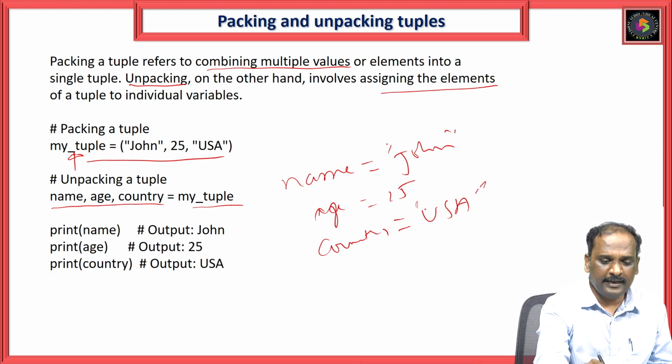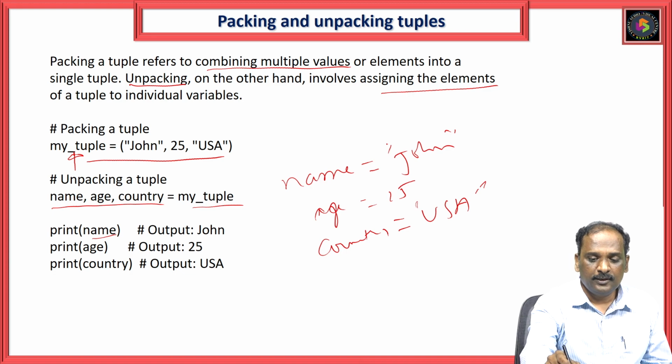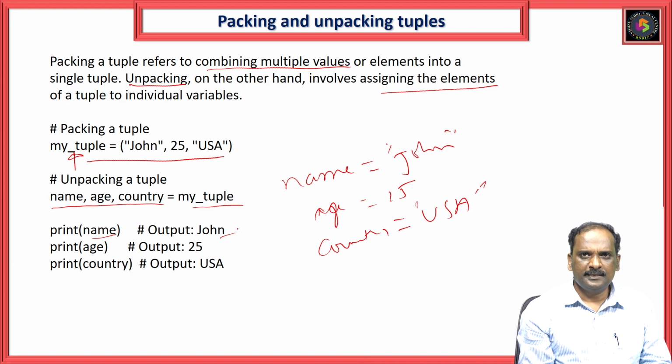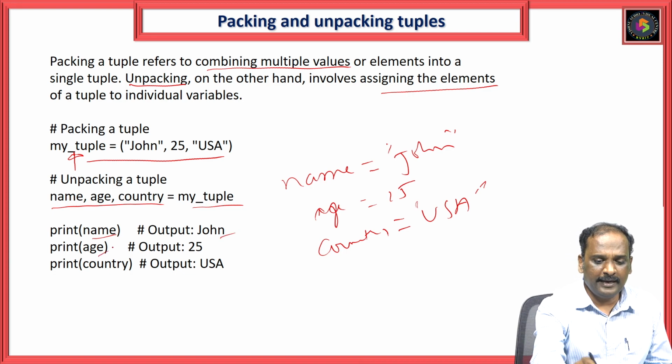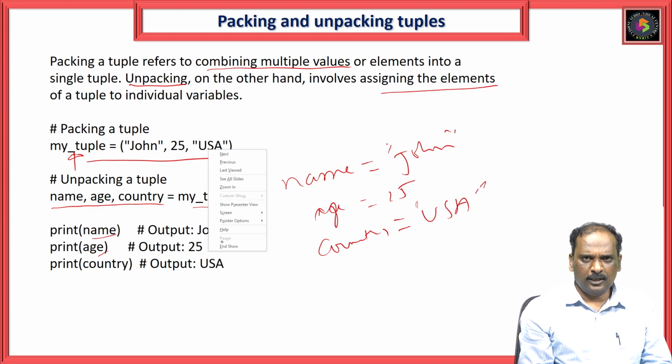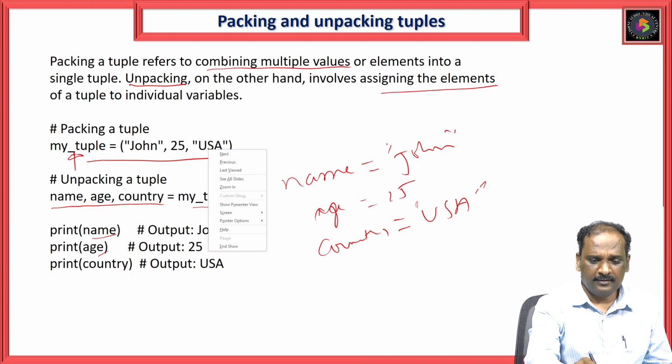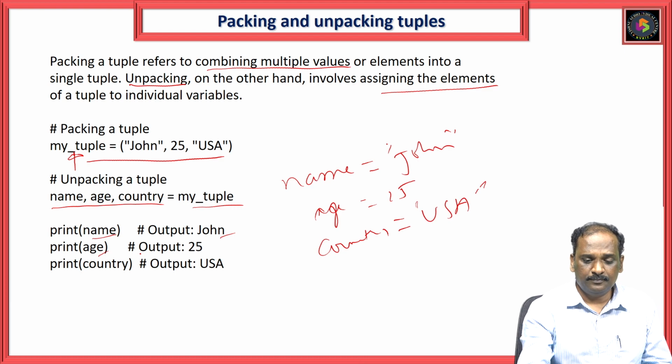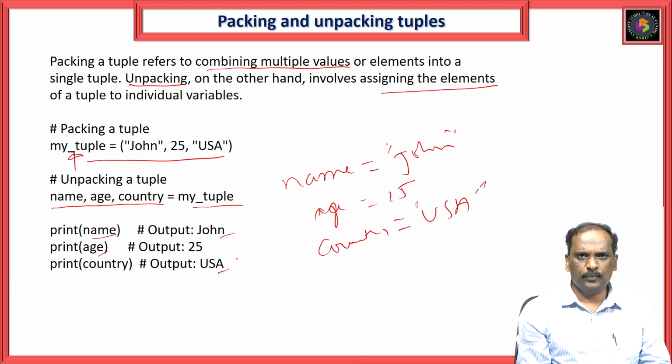When I display the variable name, the output is John. When I display age, the output is 25. When I display country, the output is USA. So packing means combining a set of elements into a single variable, and unpacking means assigning the elements of the tuple to individual variables.